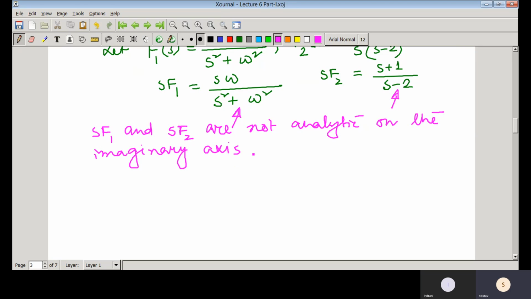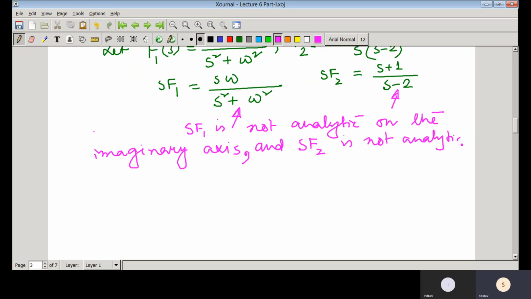Here we can say that sF1(s) is not analytic on the imaginary axis, and sF2(s) is not analytic in the right half of the s plane.